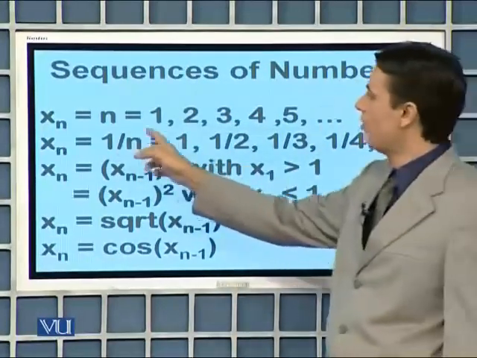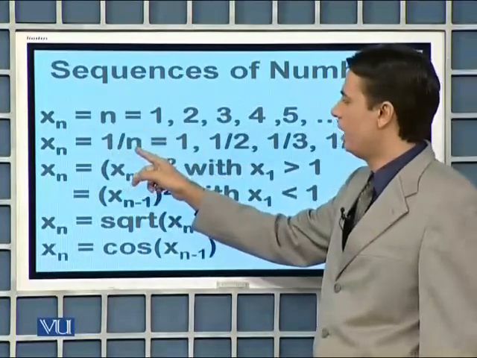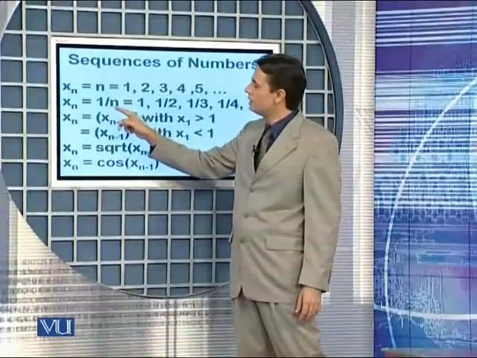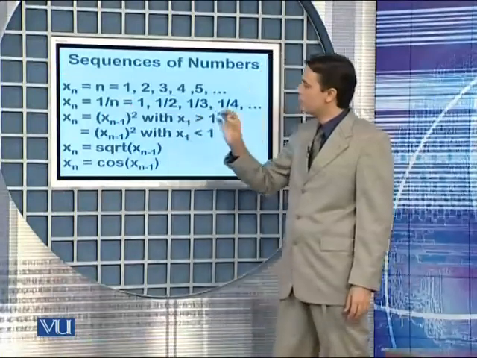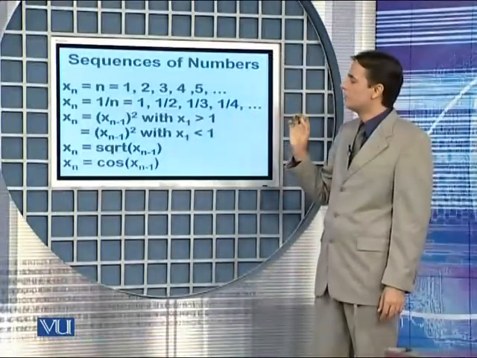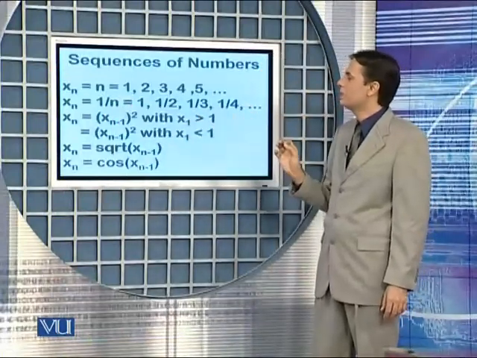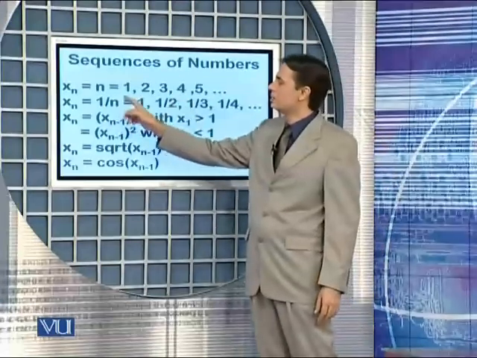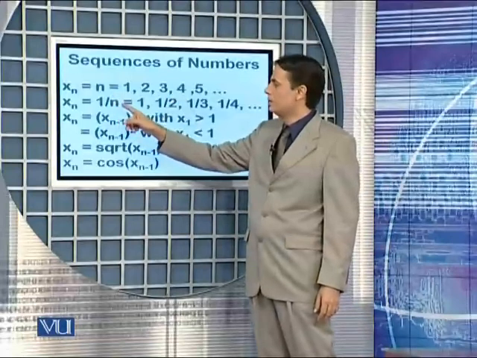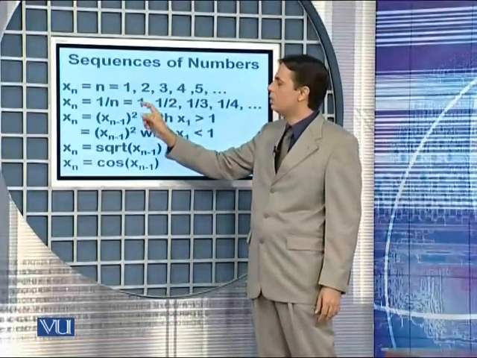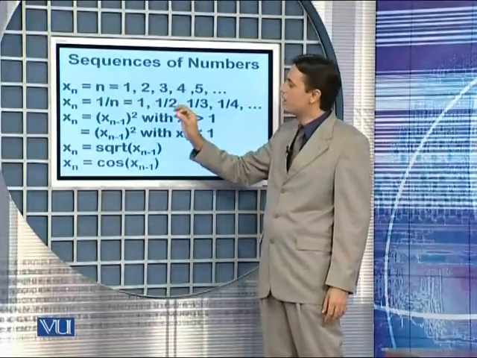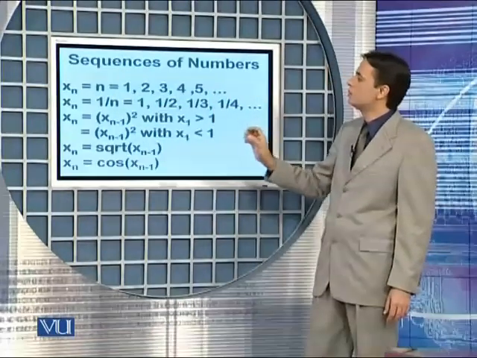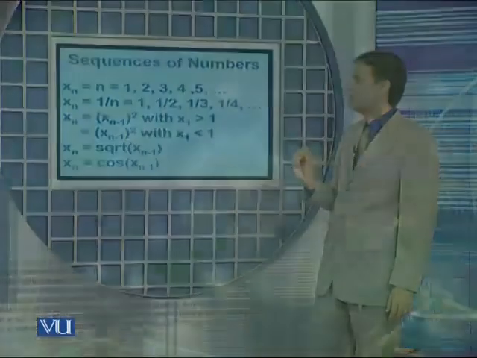And this is always a positive number for positive n, but its value will be decreasing and decreasing, so it will become smaller and smaller, and it will approach a destination value of 0. For any finite number n, the actual value will be 1 over n, slightly more than 0, but eventually it will become closer and closer to the destination value of 0.